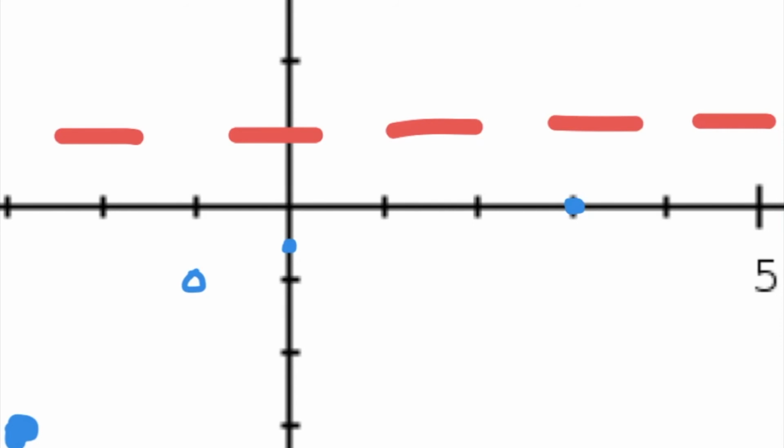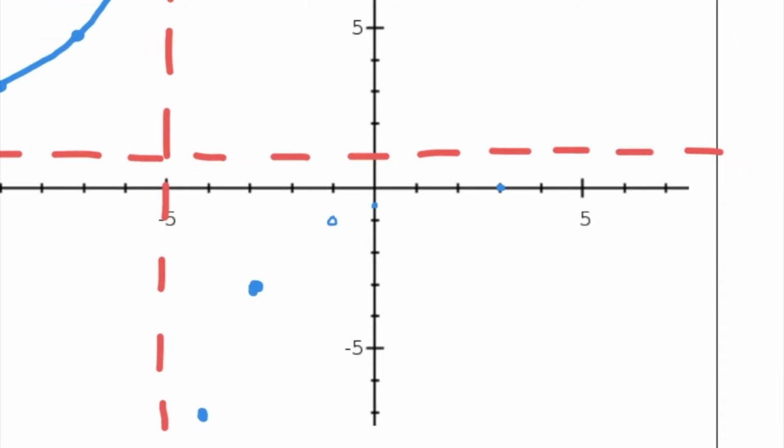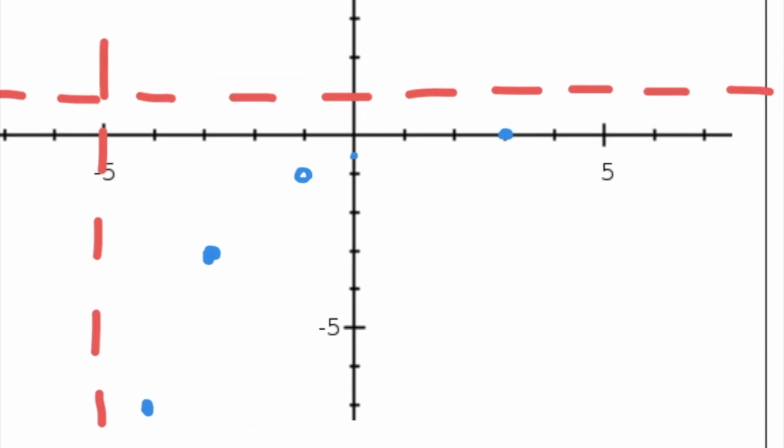And there's not a lot of other good points because everything there gets really close to the asymptote. I kind of want to make this just a little bit heavier, and I want to make this point a little bit bigger. So then this side of the graph is going to look something like this.